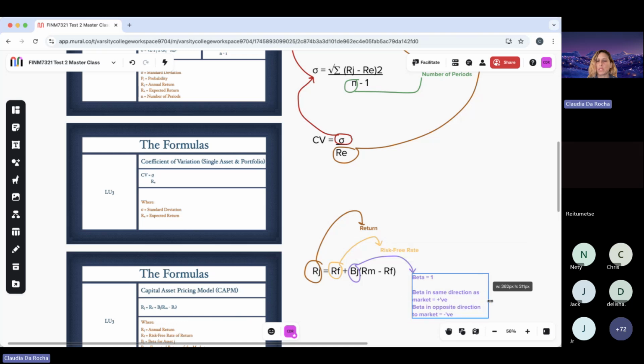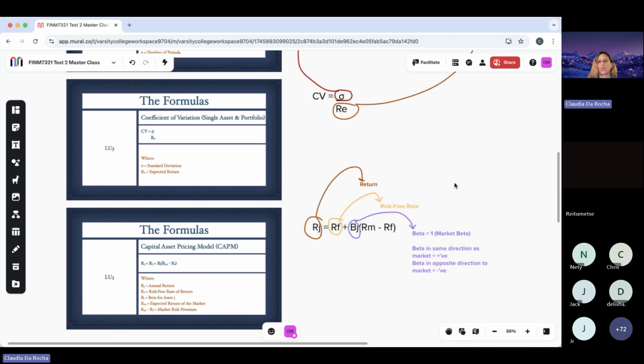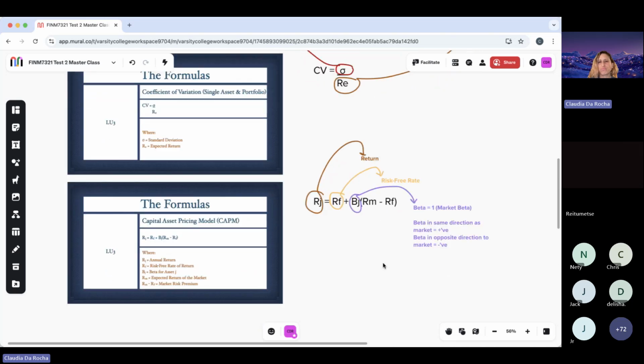Okay, so I'm going to just write that in because that's quite important. Market beta is always 1. And then you do the beta based on the company's profiling. That's how it's determined, and they can give you more information.